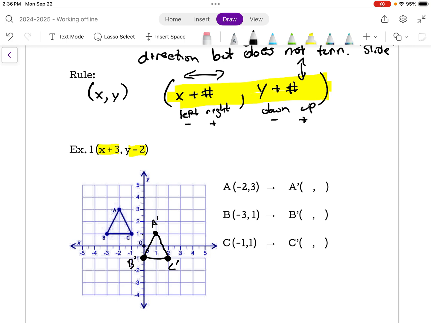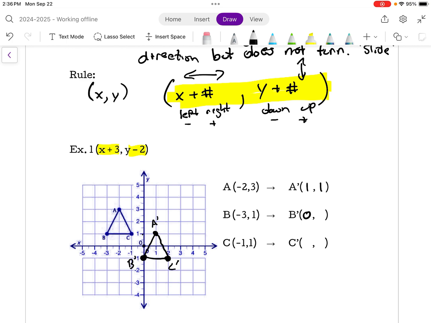The other thing I can do over here on the right is I can take the rule, and I can take my original points, -2, 3 for A, and I can add 3. So -2 plus 3 is 1. And then for the Y value, 3 minus 2, and then that's also 1. Looking at B, I'm going to use the same rule. B is -3 for X, and then I'm going to use the rule X plus 3, so I'm going to add 3 to that.